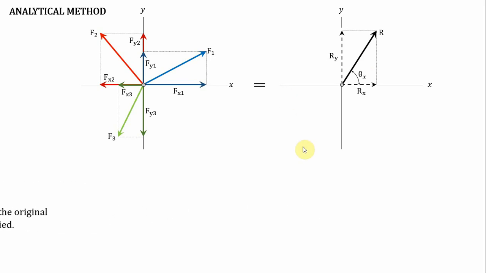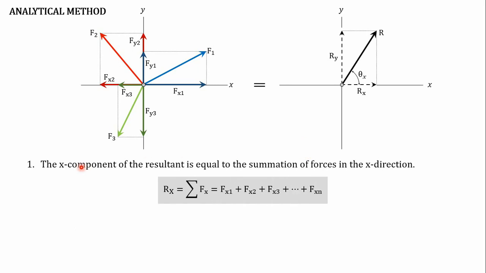So the x component of the resultant is equal to the summation of forces in the x direction. To determine Rx, Rx is equal to the summation of Fx, the summation of all components of all forces with respect to the x-axis, which is equivalent to Fx1 plus Fx2 plus Fx3 plus ... plus Fxn.